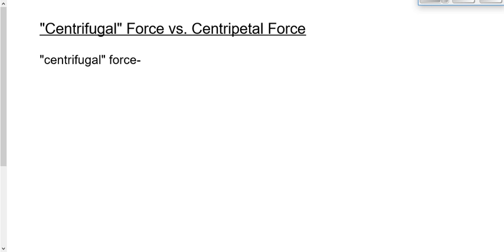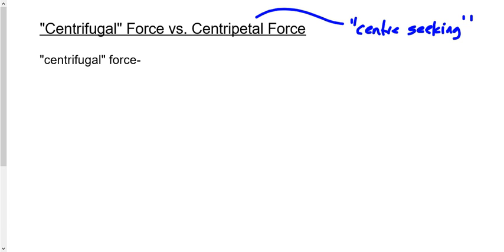Now, over the last couple of days, we've talked about centripetal force. Centripetal with a P as being that force that acts toward the center of the circle. We call it sometimes a center-seeking force because it does act toward the center of the circle. Centrifugal force is that force that is center-fleeing.